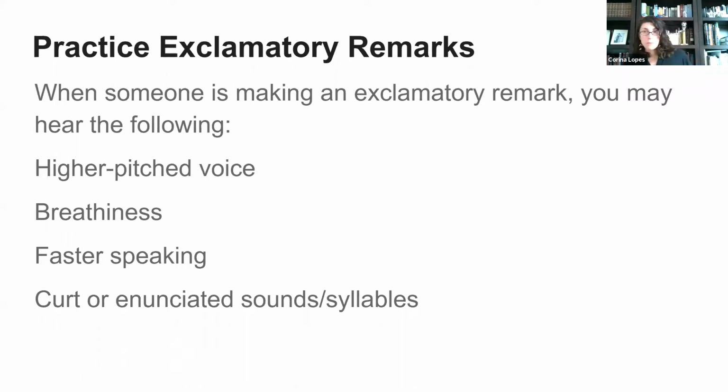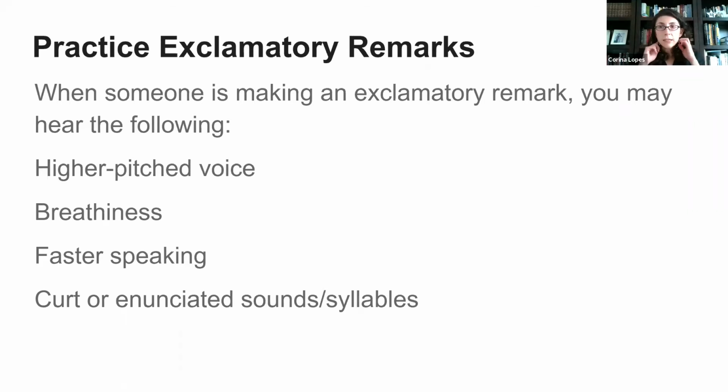So now that I've given you some examples, let's practice some exclamation statements or exclamatory remarks. How can we identify exclamatory remarks when we're listening to people? If we're reading, we're given the clue because we see the exclamation point at the end.